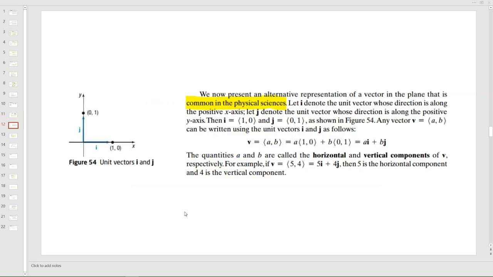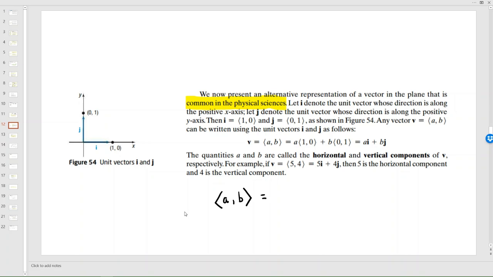Okay, so this is showing us that if we have i, a single unit in the direction of the x-axis, then we can think of the x component, if I have ⟨a, b⟩ as some vector, as how many units we're going to go in the x direction. So that's this first component, right? XY ordered pair, a for x, b for y. So this is just saying if i is called a unit, then how many units are we going to go in that direction? Well, we're going to go a units.